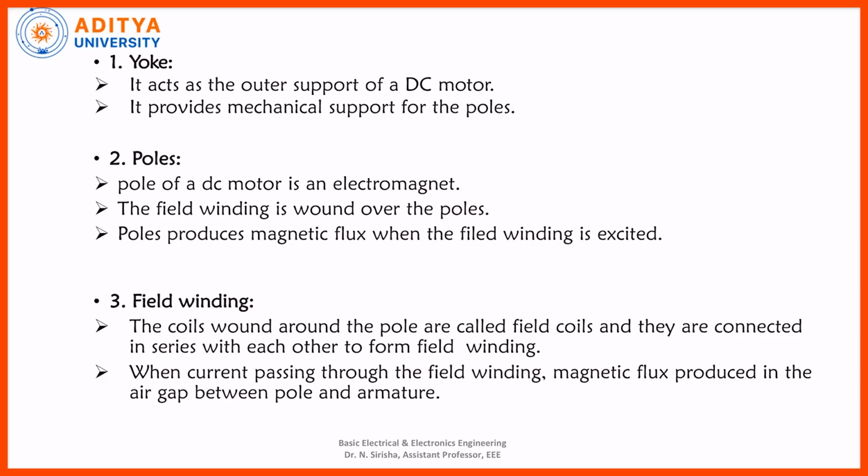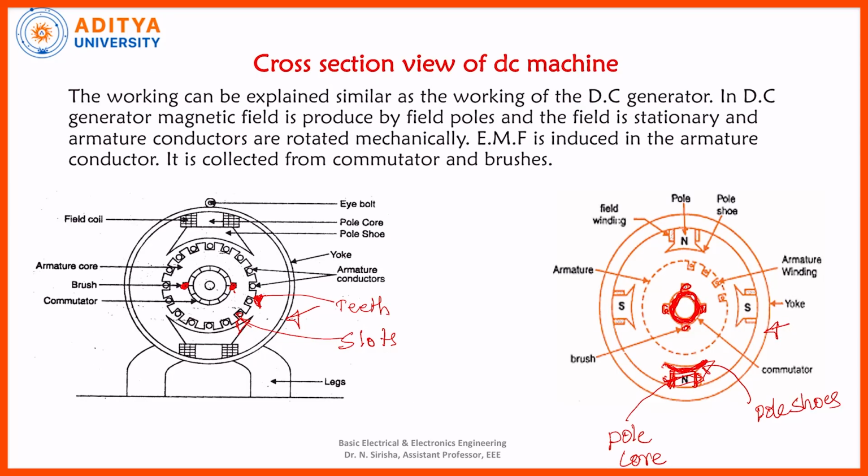When coming to the working principle, since it is a DC machine, here you have a field winding. Field winding electromagnets are excited with the help of a DC supply. Mechanical energy is given as input to the DC generator. Once the input mechanical energy is given to the generator, the armature starts rotating.